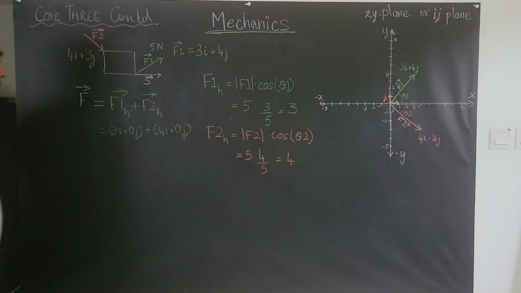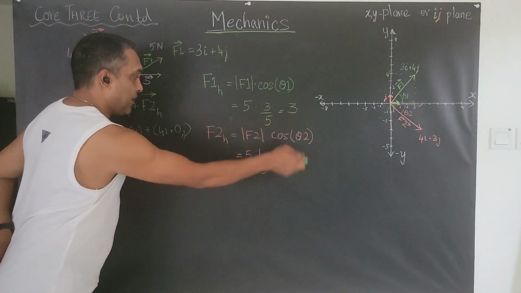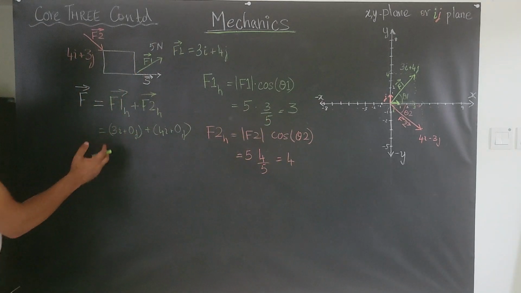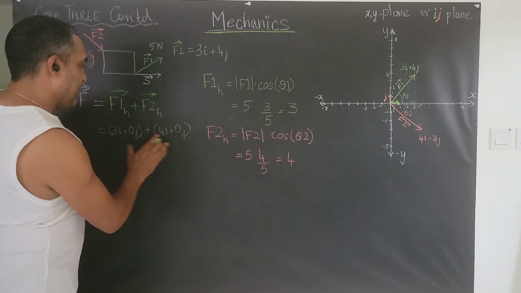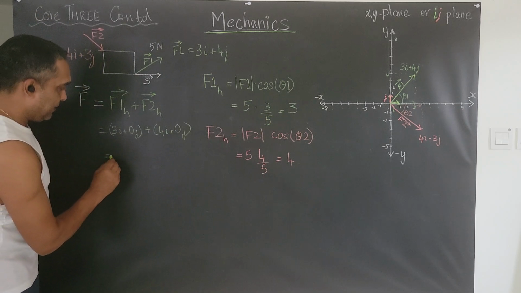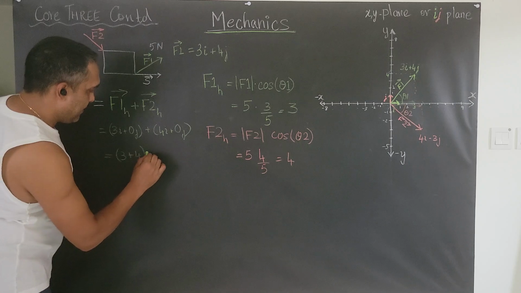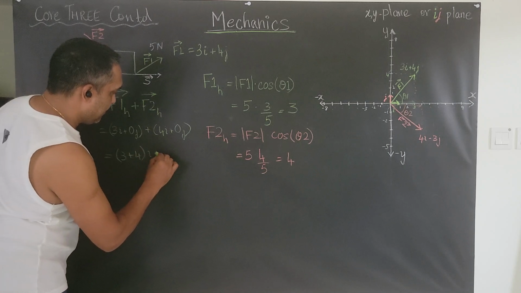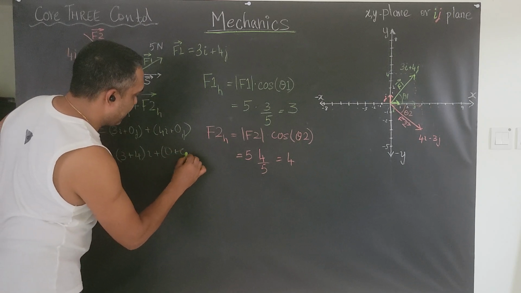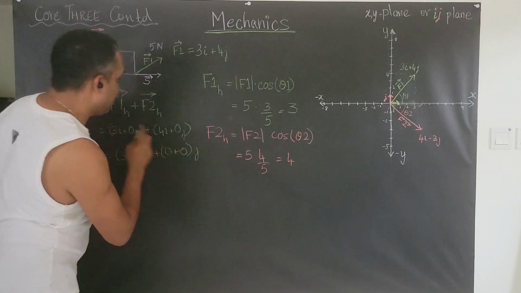In coordinate terms, adding the magnitudes is easy. It's 3 plus 4, we know that. But what's happening in coordinate terms? It is the same as adding their x components and writing 3 plus 4 i plus 0 j.